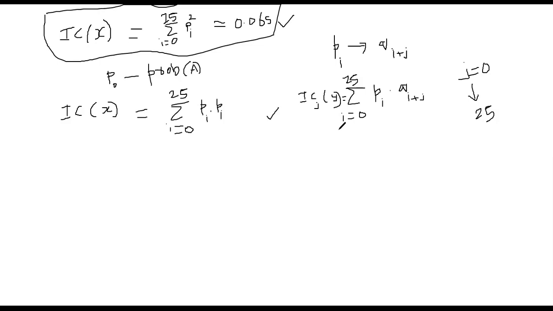As soon as we find a j such that IC of Y at a particular index j is greater than or equal to, say, 0.064, then we know we found the right j. What does that mean? It means we found out how many shift positions were used to transform our plain text into ciphertext.